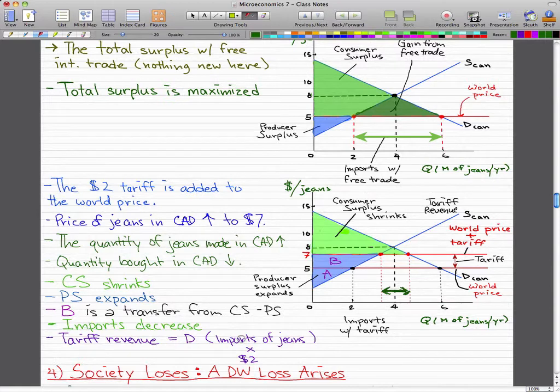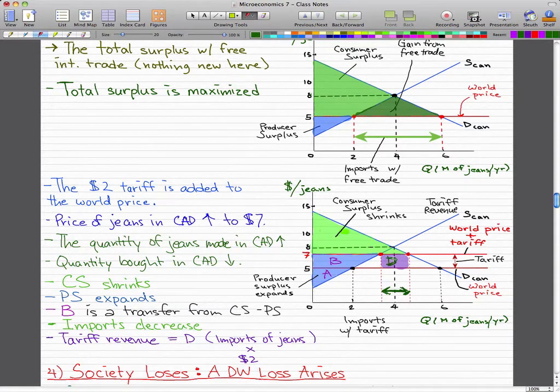So the tariff revenue actually equals area D, which probably I should highlight first. So to highlight this, this is the tariff revenue, which is this purple area, and this is area D. And I need to switch to pen again.